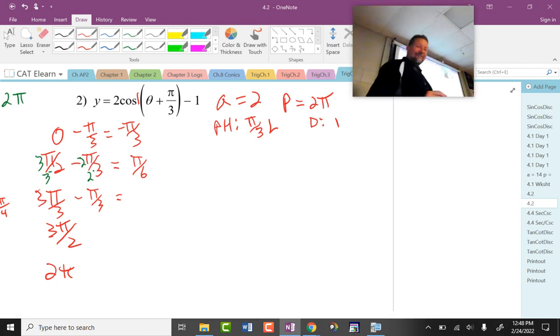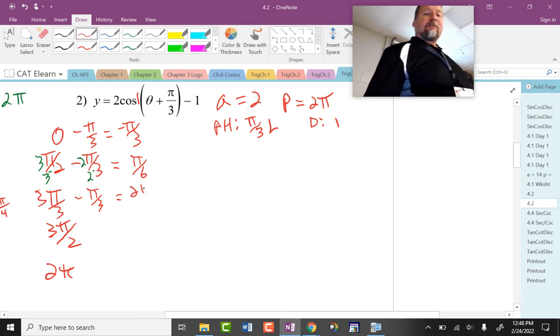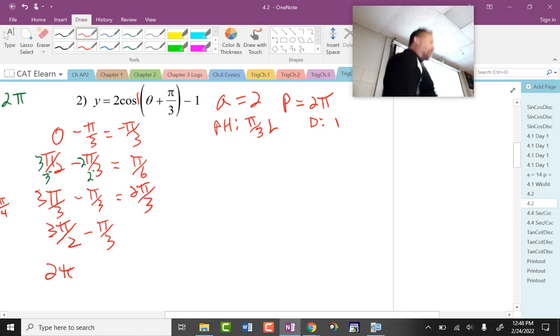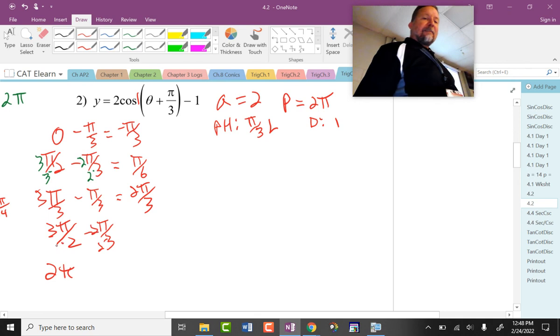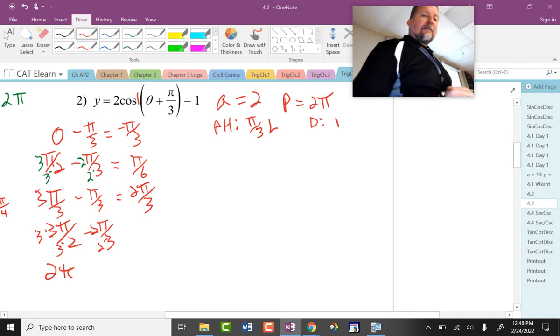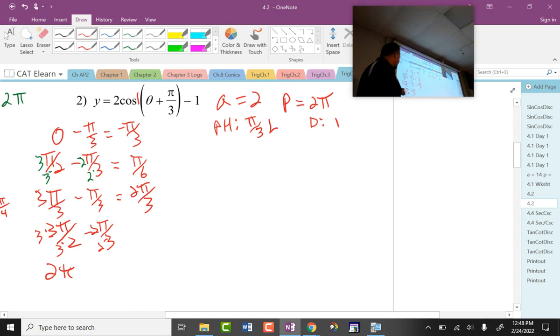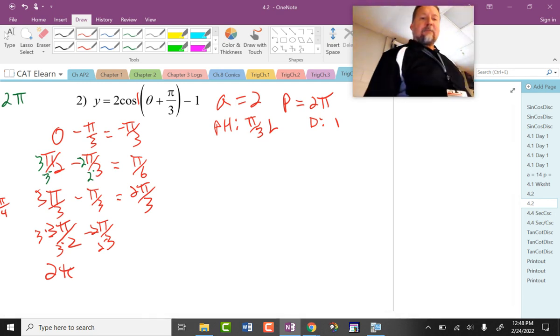What's 3 minus 1? 2 pi over 3. We're getting your fractions work here. Minus pi over 3. What's the common denominator, just like 2 ago? 6. So I multiply by 2 and multiply by 3. 3 times 3 is? 9 pi minus 2 pi is? 7 pi over 6.